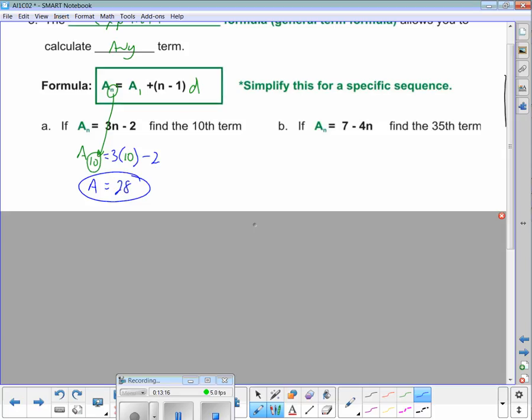So the 10th term, I should keep it A sub 10, is 28. 10th term is 28. If I asked you the 5,000th term, you could figure it out, right? It's 1,498, right? Wait, did I say the 5,000th? It's 15,498.